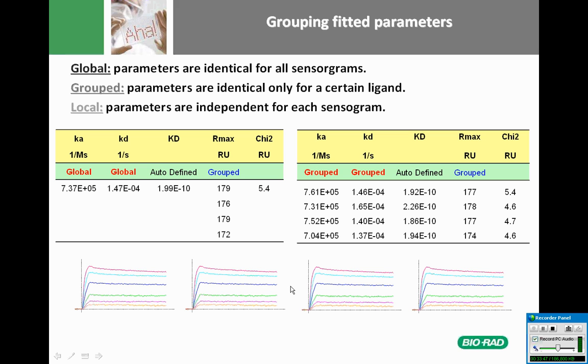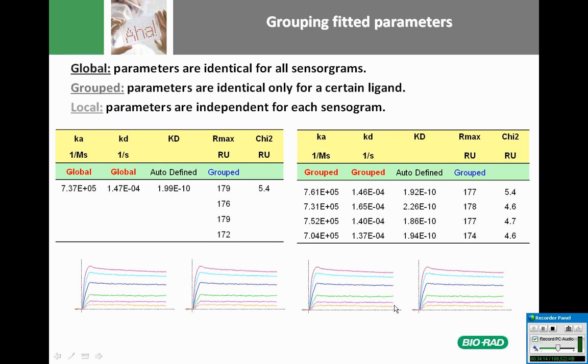And a nice thing that you have with the ProteOn is something in the middle, which is what we call grouped. So for these 6 analyte concentrations that interacted with ligand 1, you can tell the software to find the same Ka and Kd for this panel, for ligand number 1, and for ligand number 2 find a different set of Ka and Kd, and for ligand number 3 find a third set of Ka and Kd.